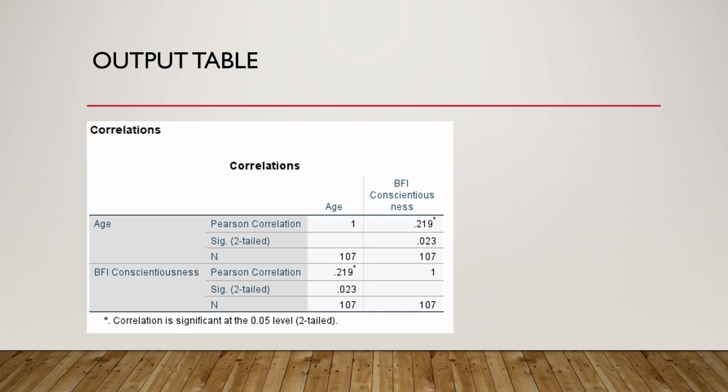In your output table, you now will open up and see this correlation table, and it should only have 2 variables in it because you did this bivariate with 2 options. Now you could include more variables, and this table could get bigger and bigger, and what it shows is every pairwise correlation between the variables you've selected. So it's going to show you how age is related to conscientiousness and how conscientiousness is related to age.